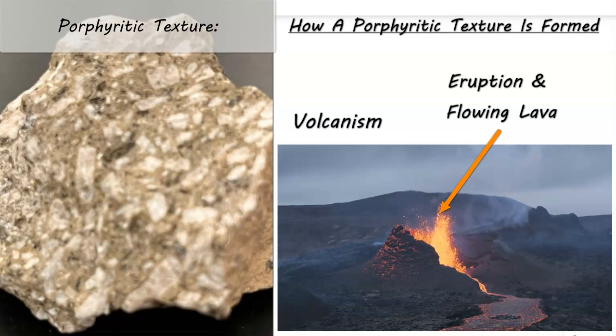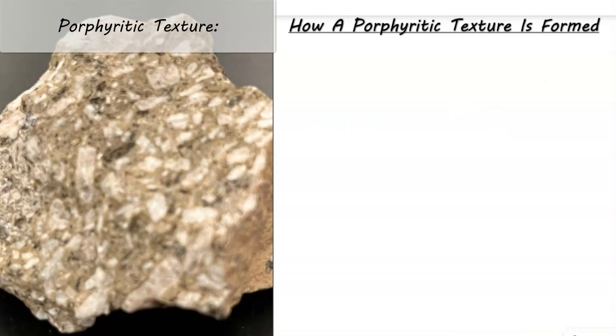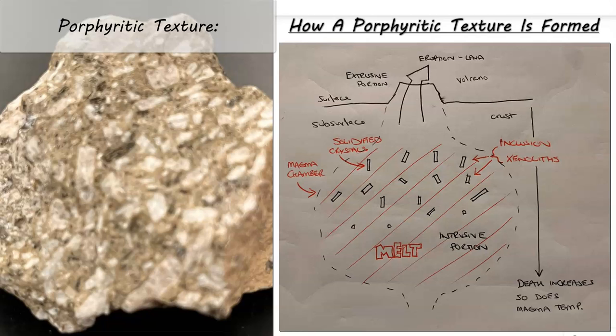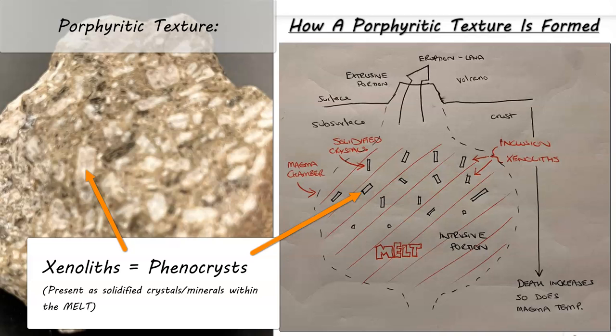You have this magma chamber with magma inside, and it's there for a certain time. The temperature of the magma, its depth under the surface, the time it stays as magma under the surface, and how fast it cools will dictate the crystal growth, the grain size, and the size of phenocrysts you can get in the magma.